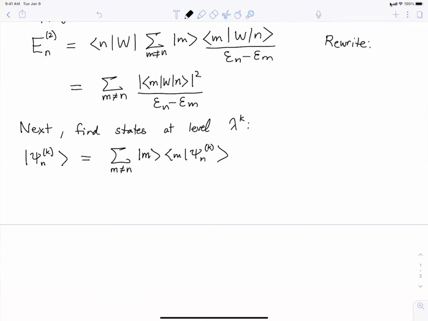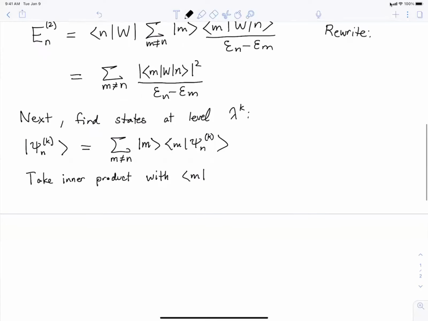Okay, so now let's take the inner product, actually, not of that equation, but of the lambda to the k equation, which I had written down last time, with the ket m.